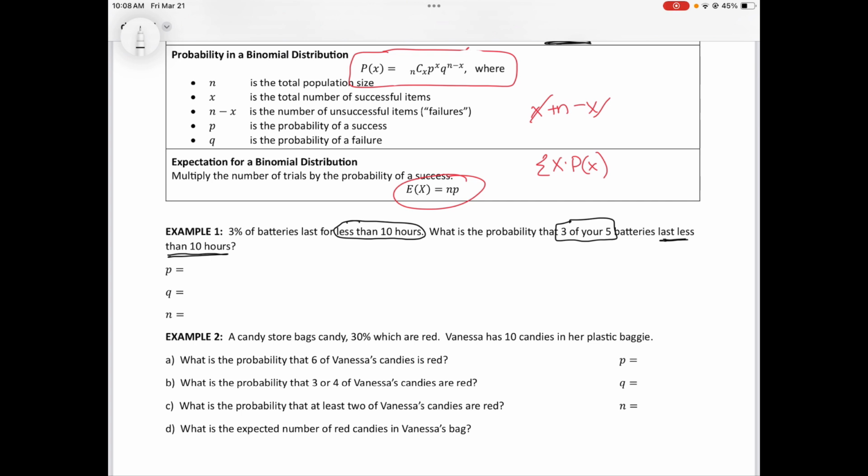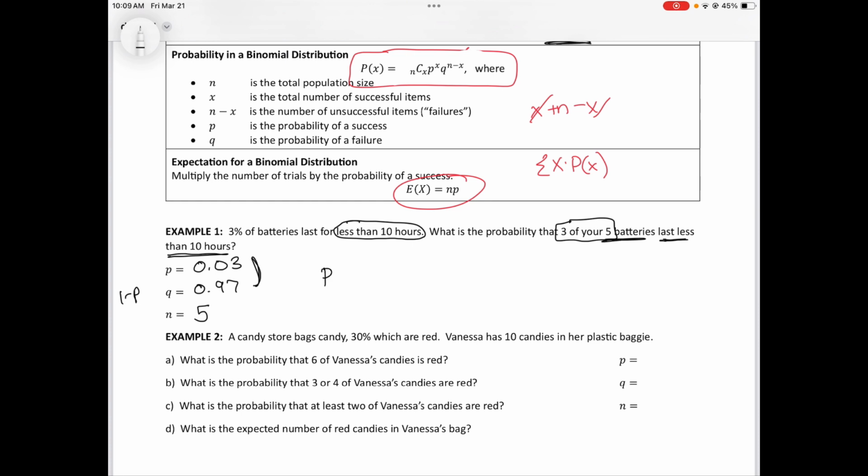That makes our probability of a success 3%. And then q, which is 1 minus p, is 0.97. These two add to 100%. They can be decimals or fractions. And our n is 5. We're repeating this 5 times, so we have 5 batteries.